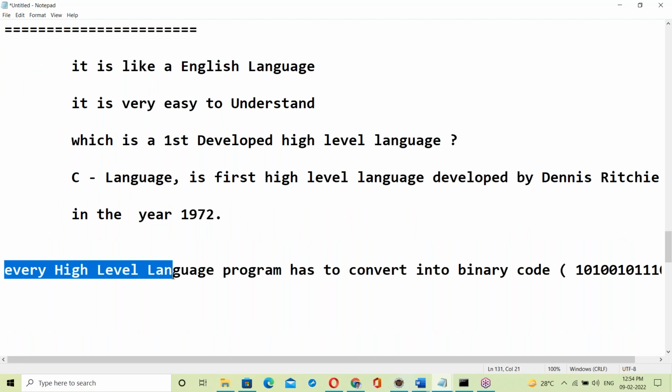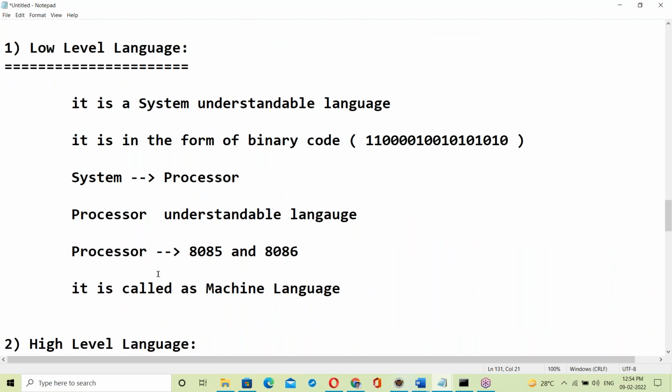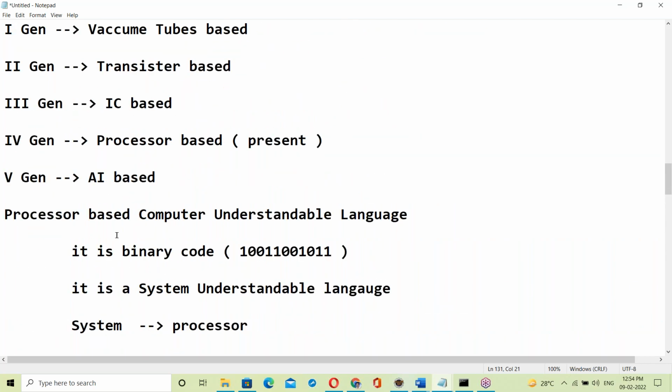Yes, every high level language. One second, I want to mention one point here. A processor based computer uses binary code, machine language code. An AI based computer is high level language based.